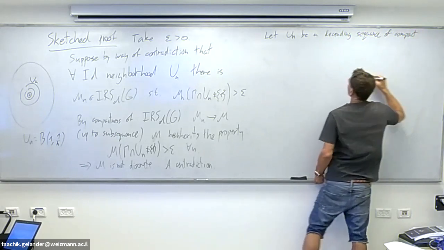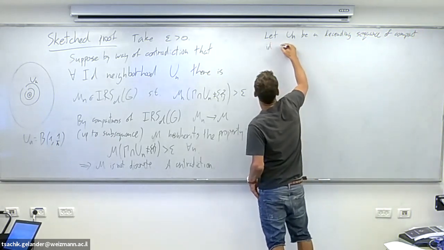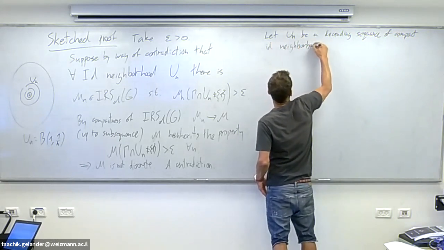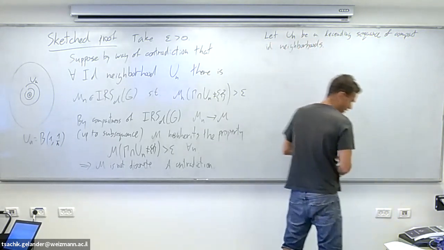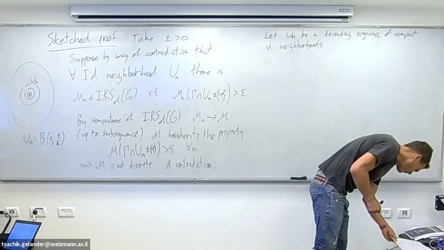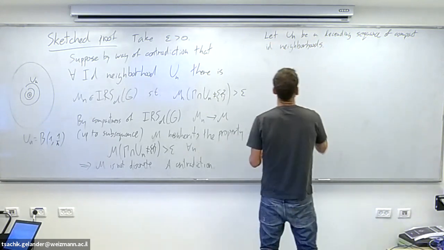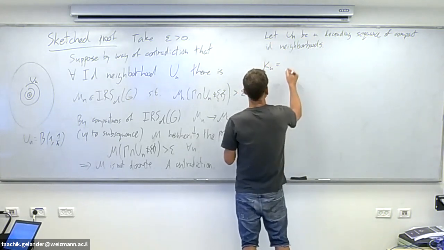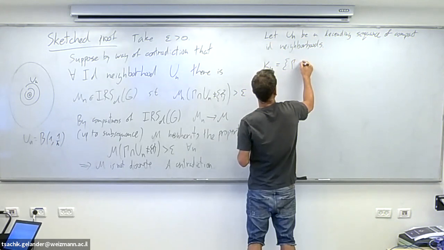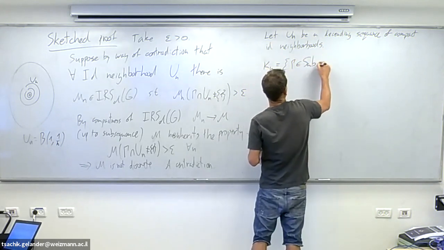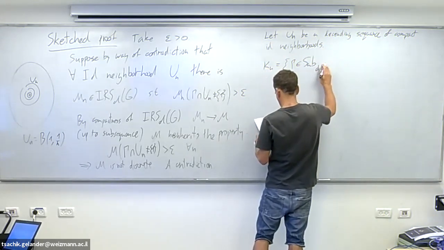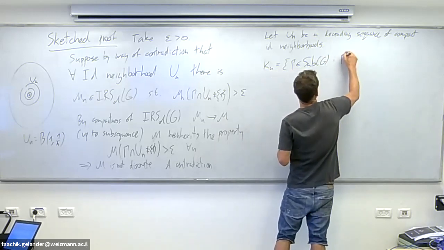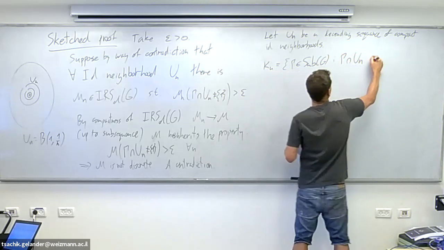I want them to be closed. And let's now let Kn be the set of all gamma inside G, such that gamma intersection UN is trivial.